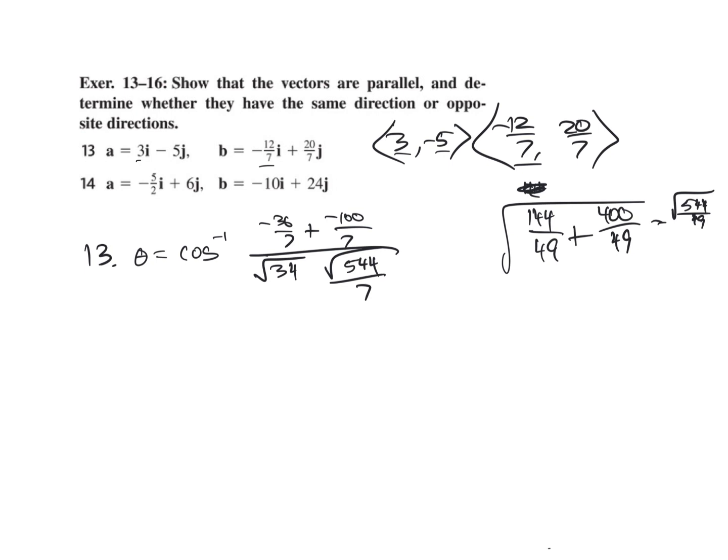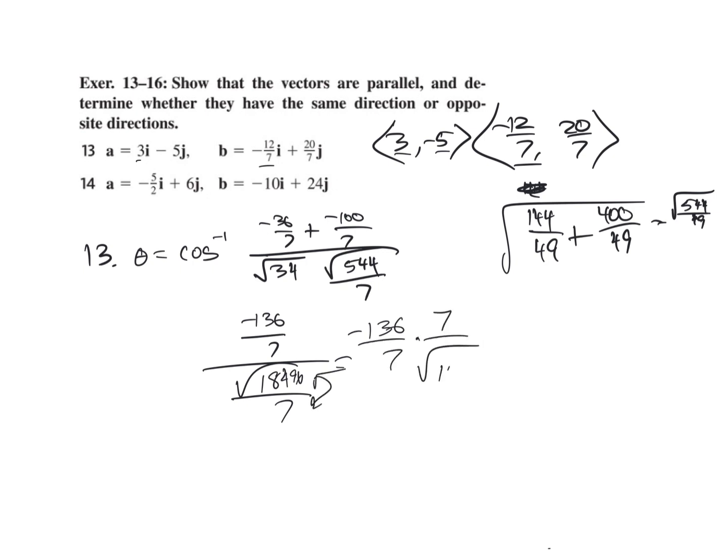All right, so now what do we have here? 36 and 100 is negative 136 all over 7, all over the square root of 34 times 544, which gives us the square root of 18496 all over 7. So we're going to take 136 over 7 times the reciprocal of the denominator. The 7s reduce out, so our answer, not quite yet, is the arc cosine of negative 136 divided by that square root.